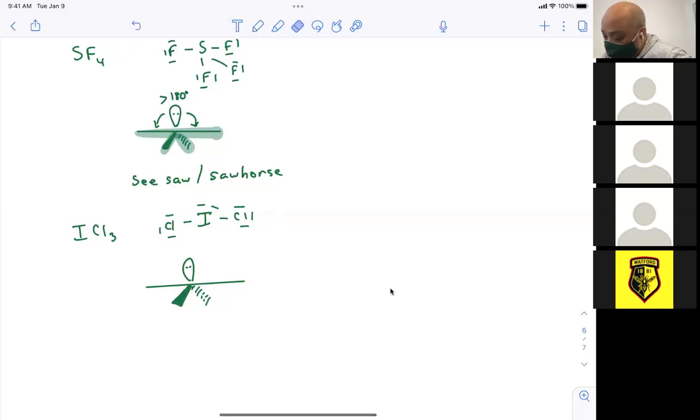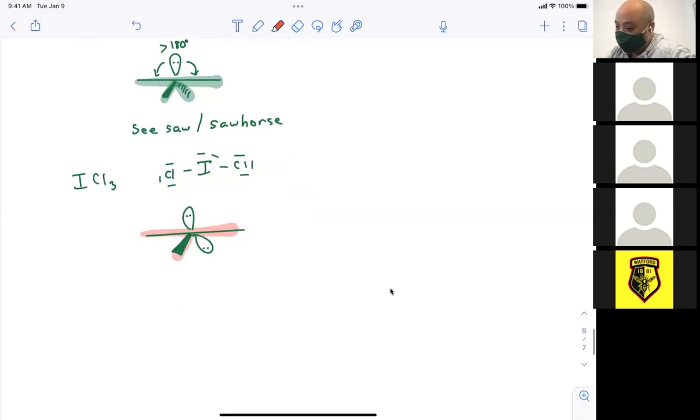So we're going to erase this and make it a lone pair. What's the shape of what's highlighted now? It's not exactly because it's not 120, but if I had to choose a letter in the alphabet that it looks like, it's a T. It's T-shaped. Yes, it is called T-shaped.